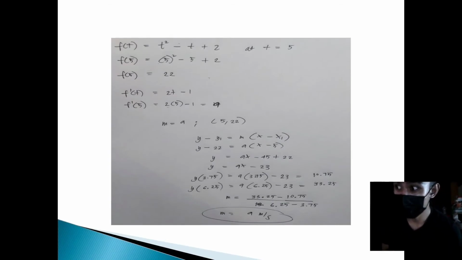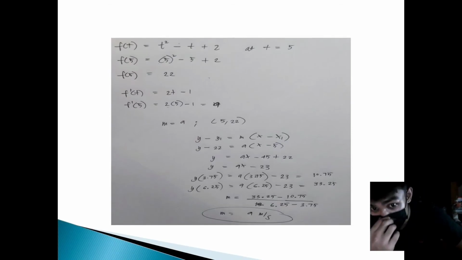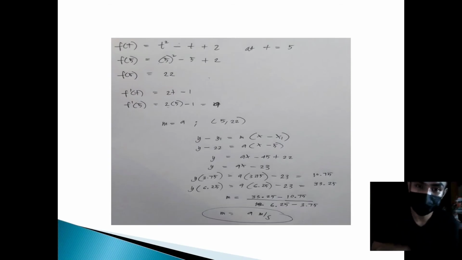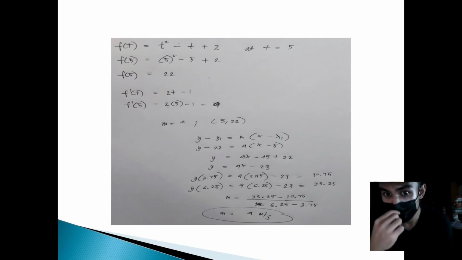So now we're going to use the point-slope form. This is learned way back in grade 8. So this is the formula: y minus y sub 1 is equal to m times x minus x sub 1. So this 5 and 22 is x sub 1 and y sub 1. We're going to substitute that. That's y minus 22 is equal to 9 times x minus 5. So y is equal to 9x, we multiply 9x minus 45.